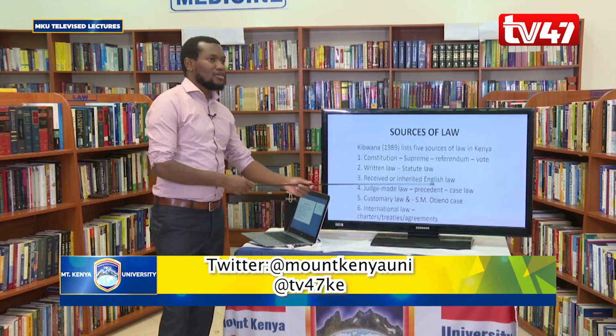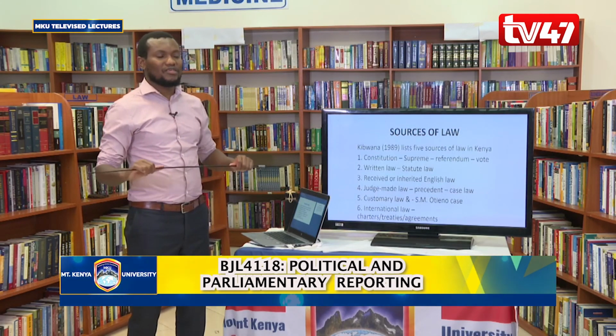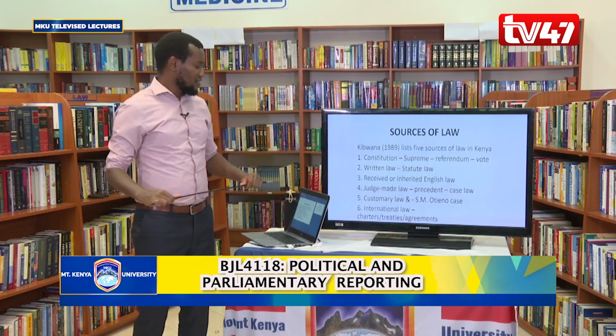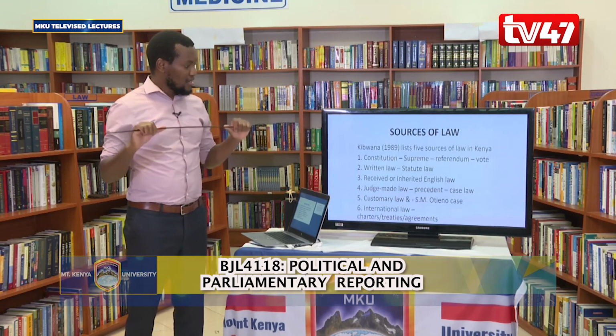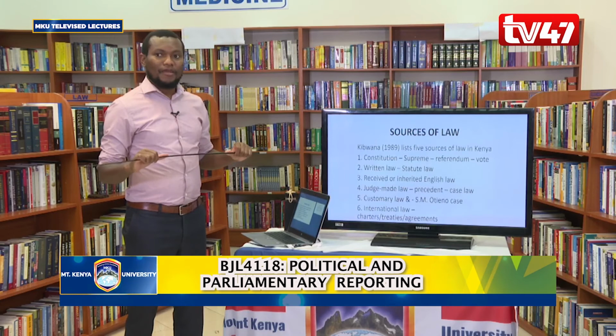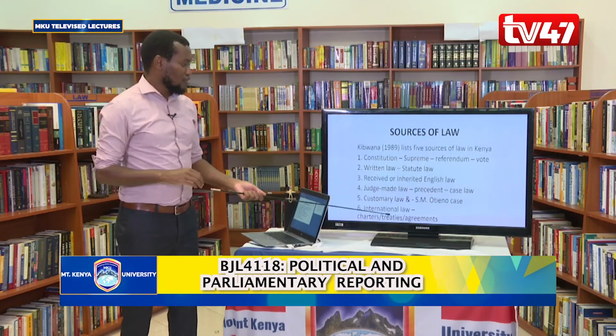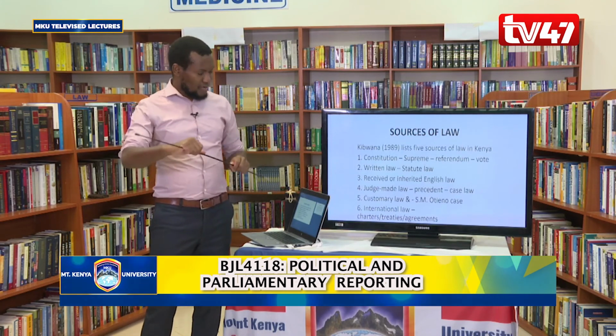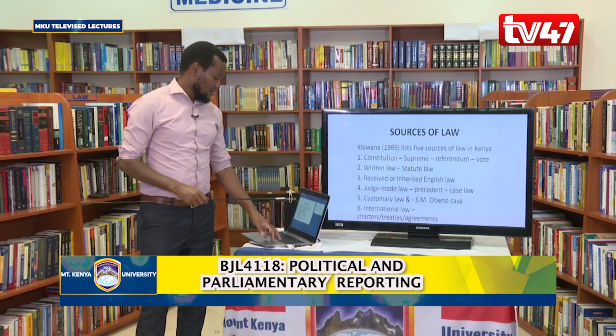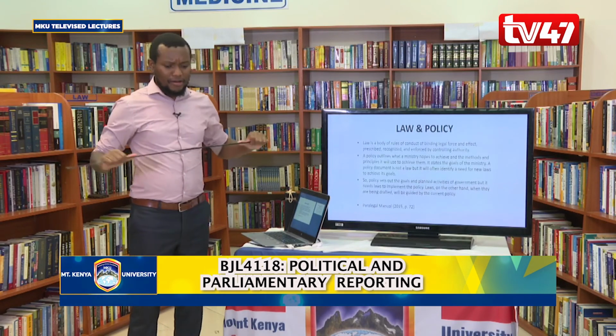And that is why the International Criminal Court had judicial proceedings against the current president and his deputy, among other politicians in Kenya, because of the idea of international law, that Kenya does not operate in isolation. It operates within the larger context of the global ecology of law.